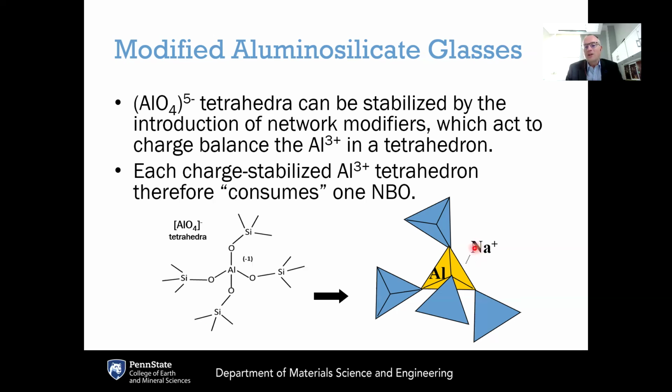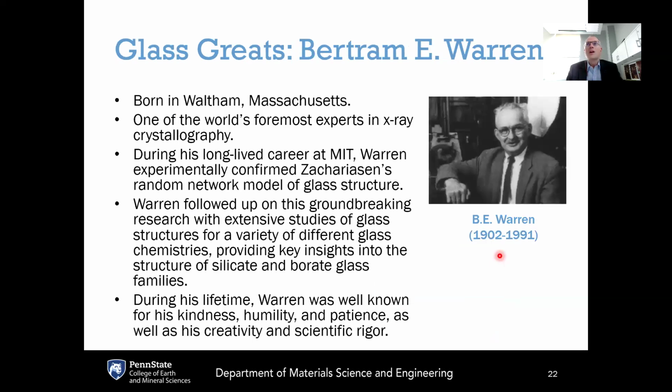In this case, with the aluminosilicate glass, the sodium is actually stabilizing the glass network because it is helping the aluminum to be in its preferred structure, which is this tetrahedral structure. And so the sodium in this case is not forming a non-bridging oxygen, so it's no longer breaking up the glass network. It's actually strengthening the glass network by allowing aluminum to form these strong bonds with 4 other oxygens.